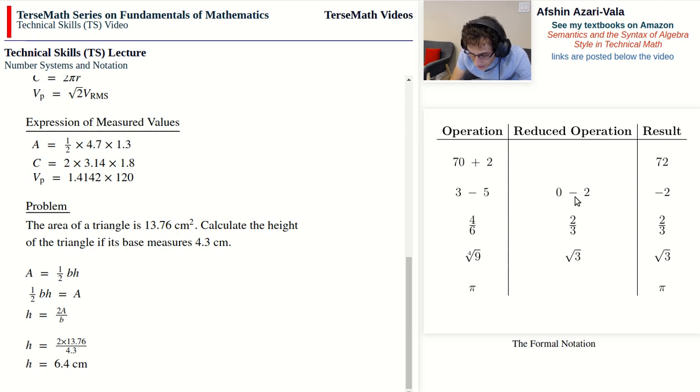If you're subtracting, the subtraction notation is used to refer to the result of that subtraction. If you're dividing, the division notation is used to refer to the result of the division. If you're taking roots, the root notation is used to refer to the result of that operation. So that's the formal notation.